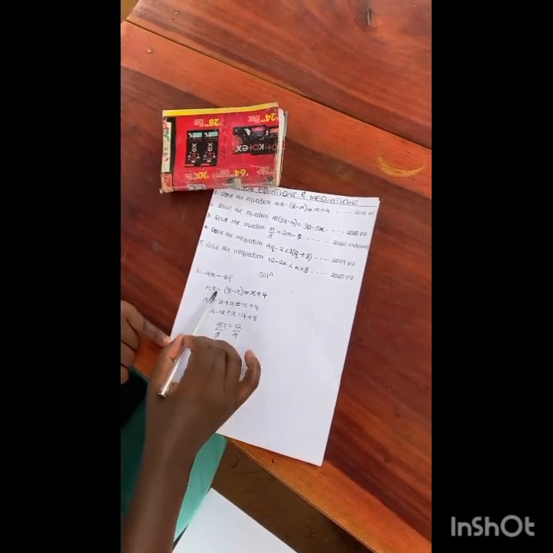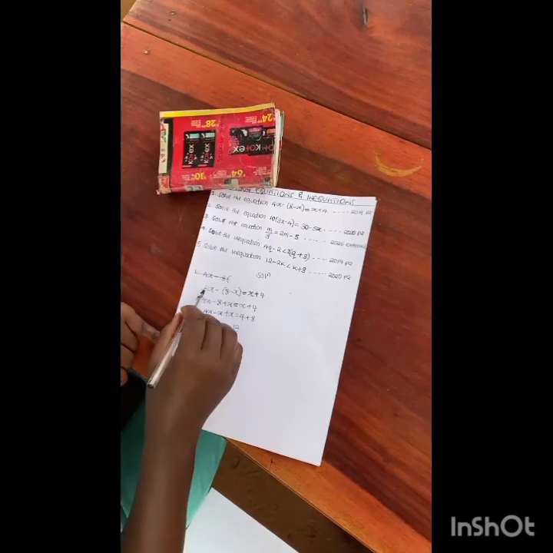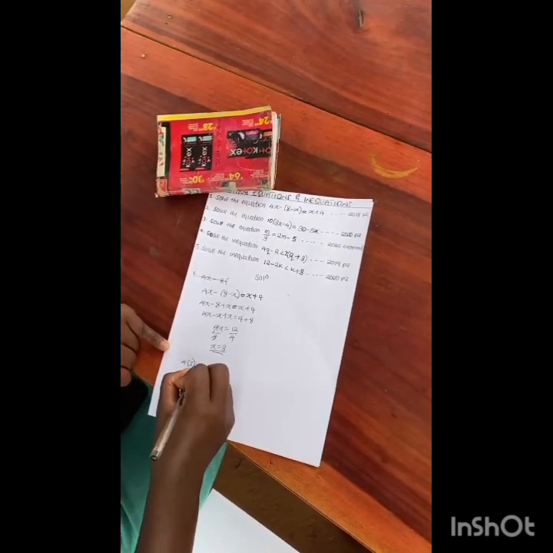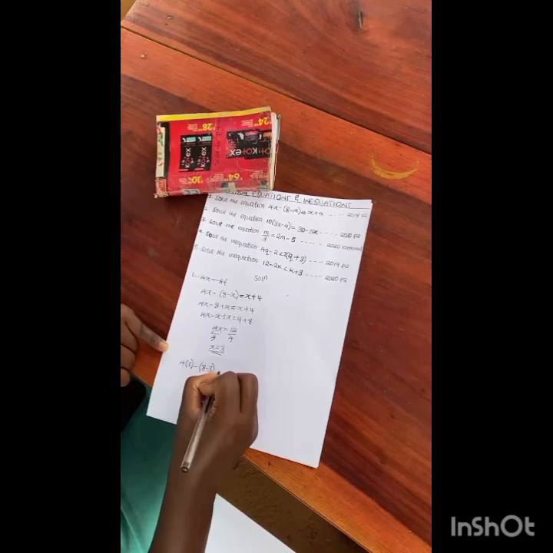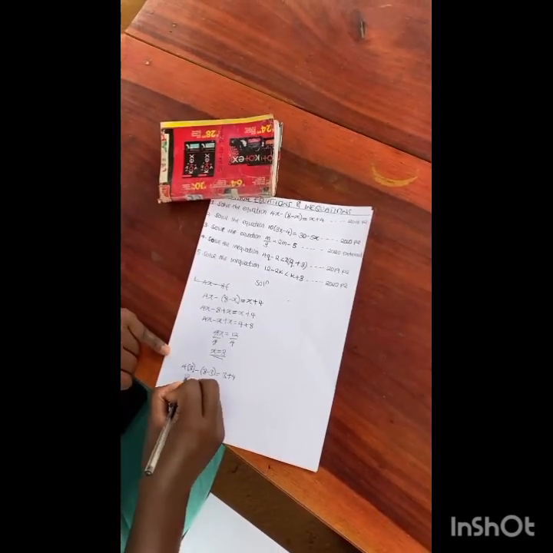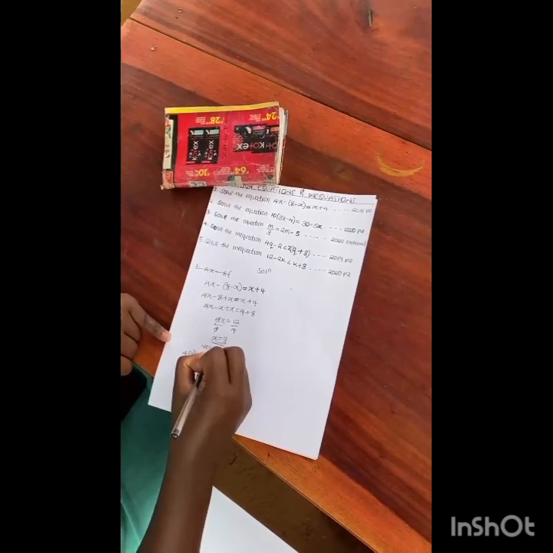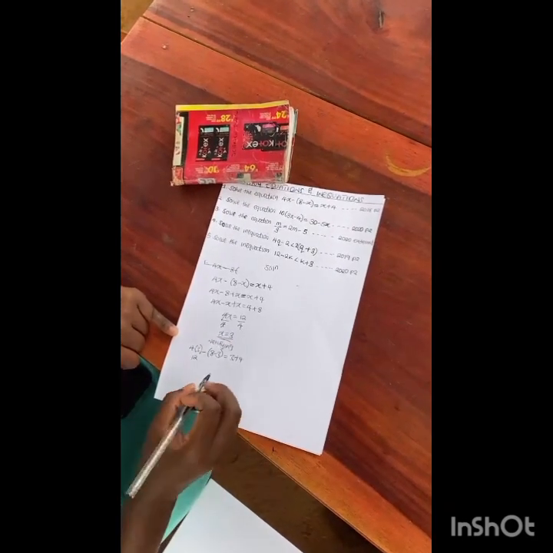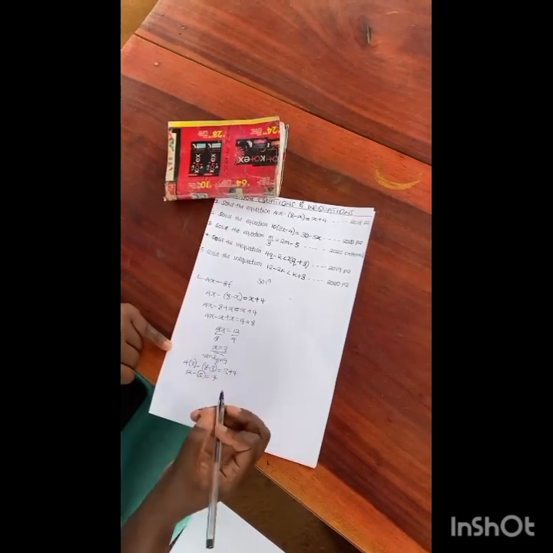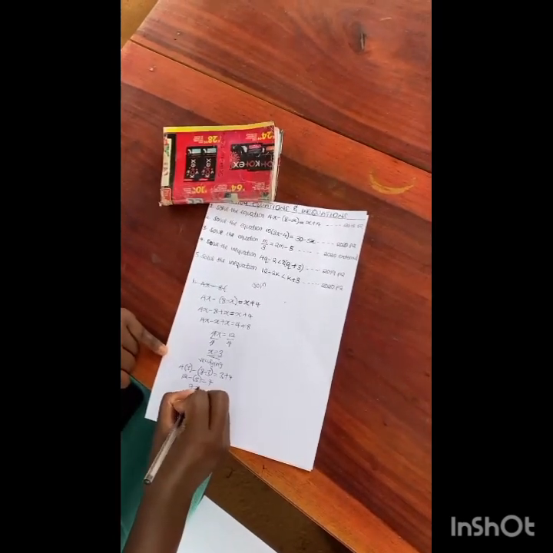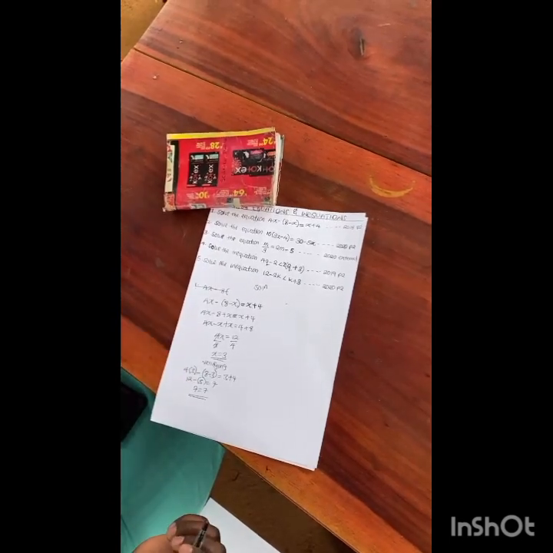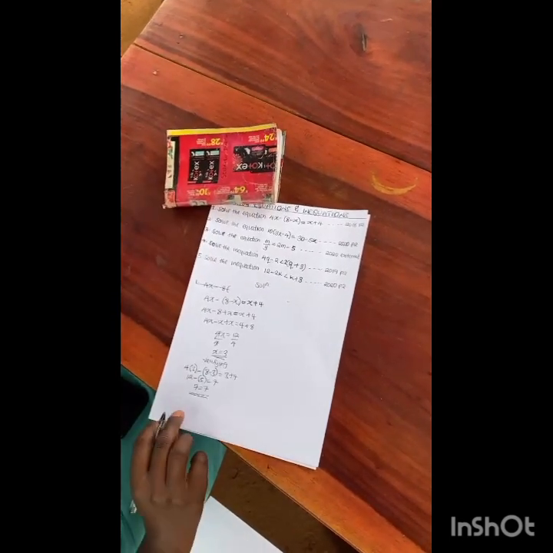So the original equation is 4 multiplied by 3, where there's x we're putting 3, then 8 minus 3 is equal to 3 plus 4. 4 by 3 is 12, and then minus (8 minus 3), which is 5, is equal to 3 plus 4, which is 7. What is 12 minus 5? 7 is equal to 7. So since the answer on the left is the same as the right hand side, our value is correct.